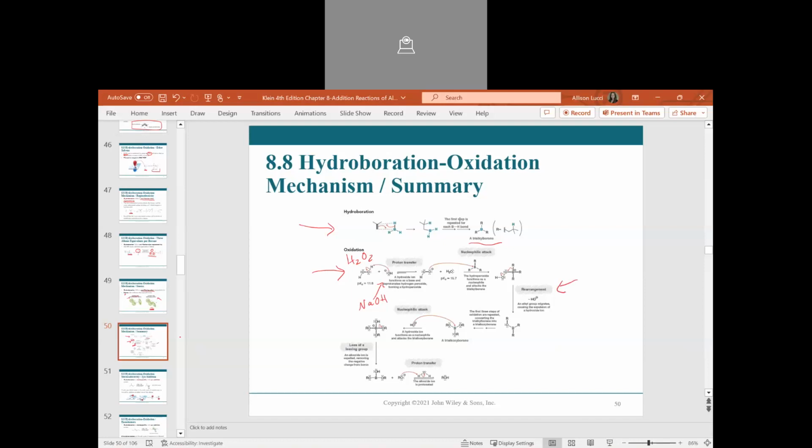There's a rearrangement that occurs. We end up with a leaving group here, and in the end, we're going to end up with our final product after one last proton transfer, right? And we have this alcohol that results. So we've added H and OH across our pi bond.